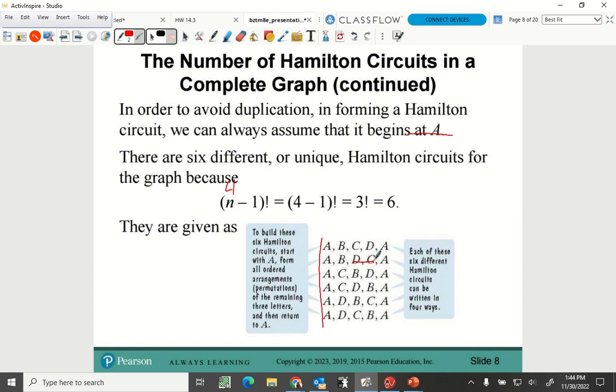Now, we put C in the second place. A, C, B, D, and it ends with A, right? And with C in the second place also, I'm going to have A, C, D, B. I'm just switching the ones that were right in front of it, and the last one ends with A, right?